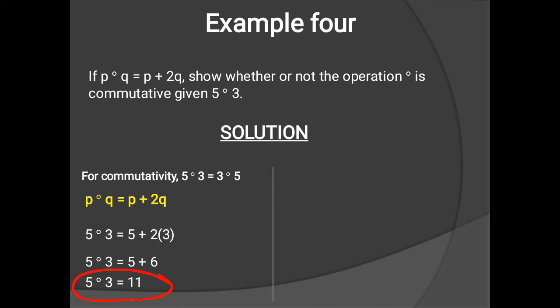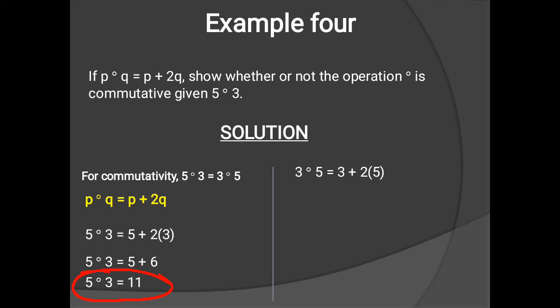Alright, so 3 operation 5 is equal to the first one. So over here, the first one was 5, right? But this very one, the first one is 3. The second one is 5. So the first one, 3, plus 2 multiplying the second one, which is 5. So 3 plus 2 times 5.